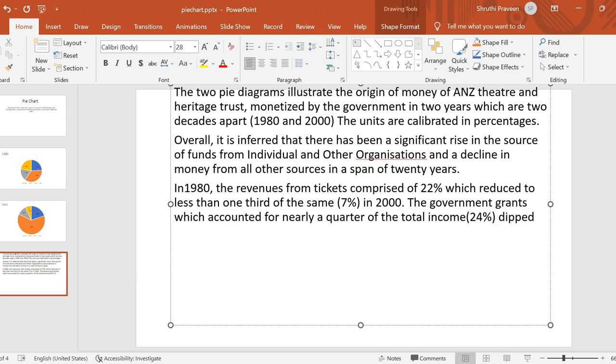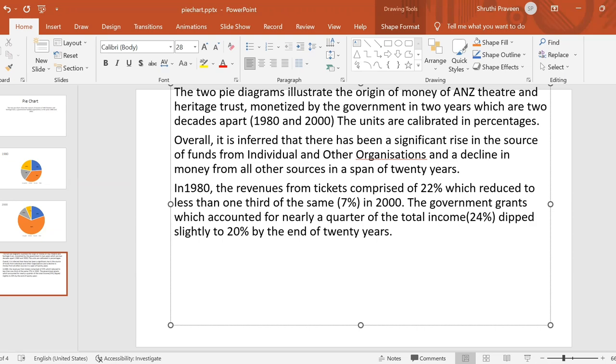Dipped slightly to 20% by the end of 20 years. Again, what is reduced?